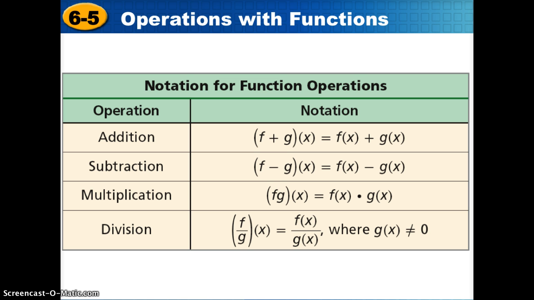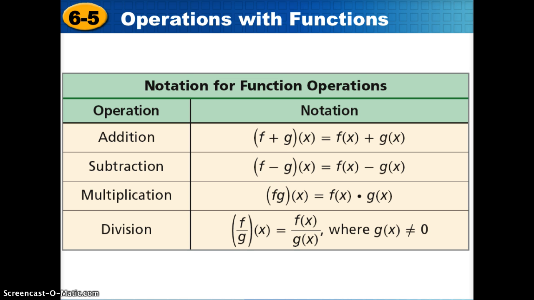For multiplication, notice the way that we write this. The notation is that we put the f and g next to each other, so it's f times g of x, and that is how we write when we want to multiply these two functions. Another way that we could write it, if you see the right hand side of that equation, it says f of x times g of x.